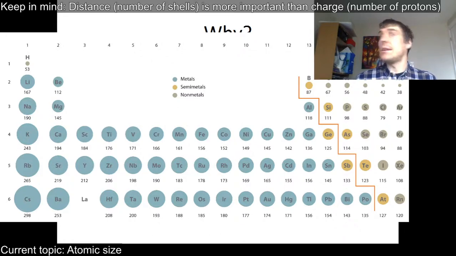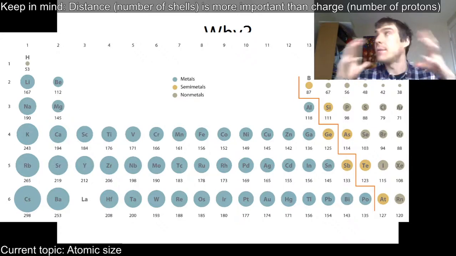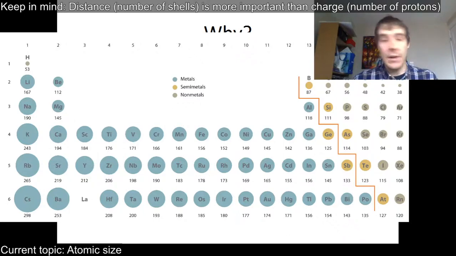And you see that trend increasing going down a group and decreasing going across a row. And you should be able to explain that using effective nuclear charge and number of electron shells. That's what we're very interested in here.